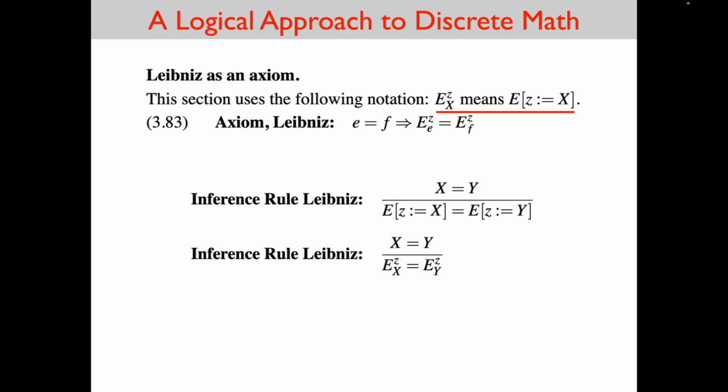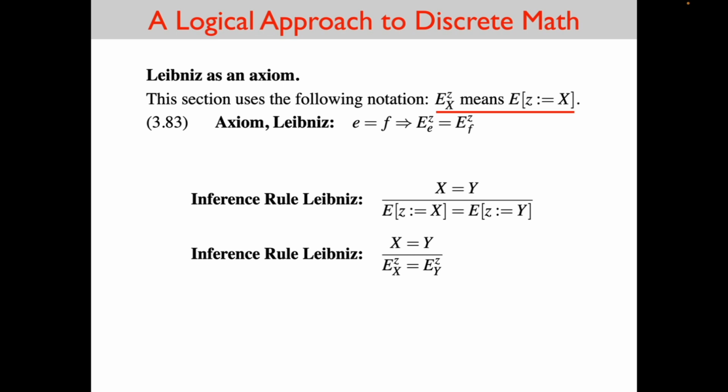Now, another thing is that, in contrast to most of the other theorems and axioms that we have discussed in propositional calculus so far, where we have been dealing with Boolean expressions, notice that in axiom 3.83 Leibniz, it's not little e equivales little f, it's little e equals little f.